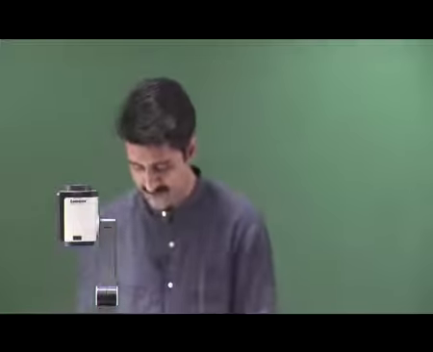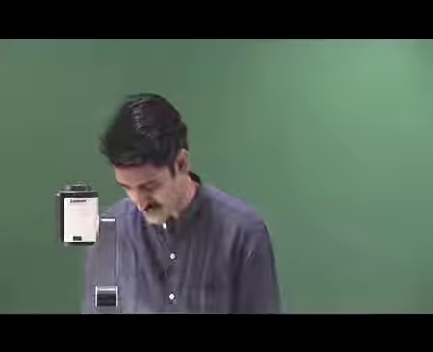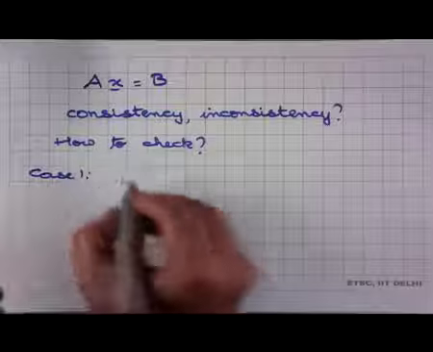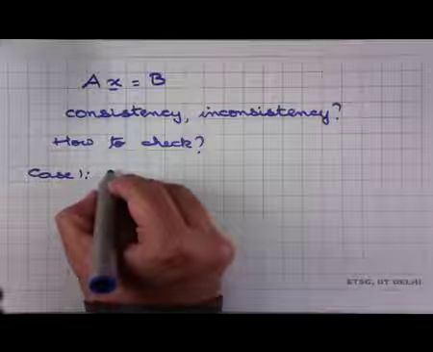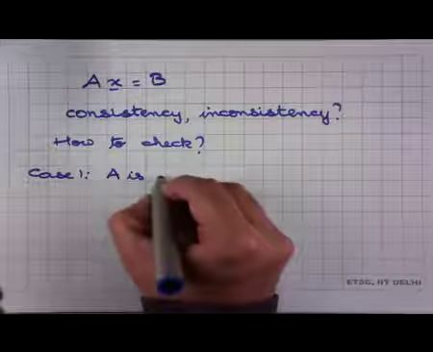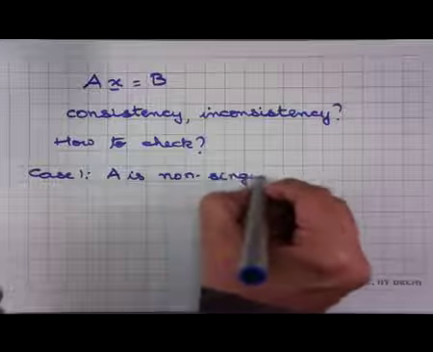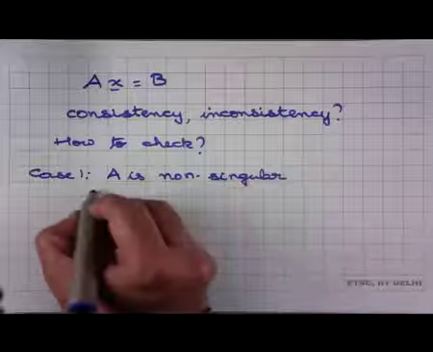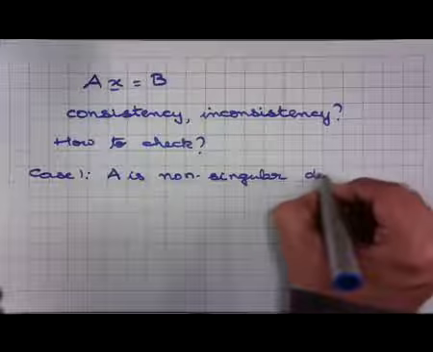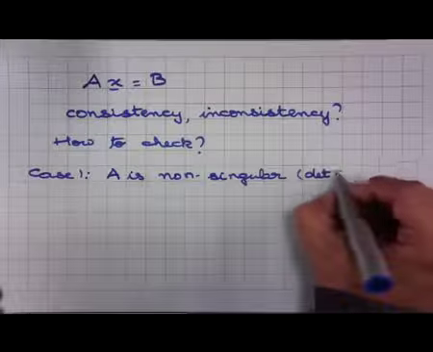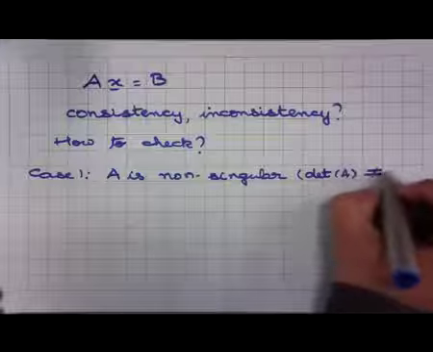So, let us write down what we just said. The first case that we will look at is that A is non-singular. That means that the determinant of A is not equal to 0.